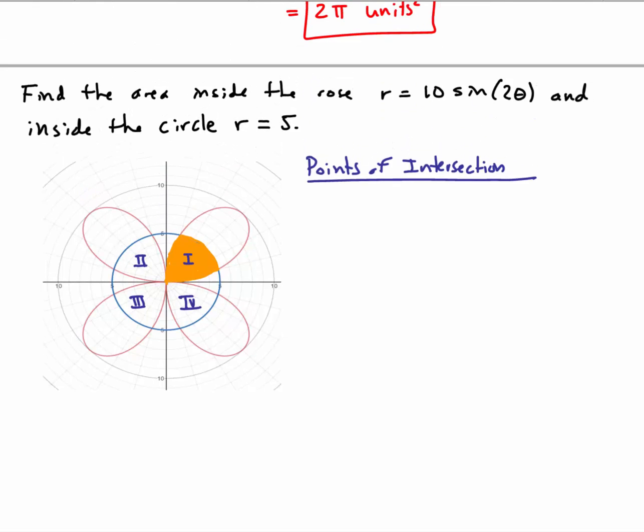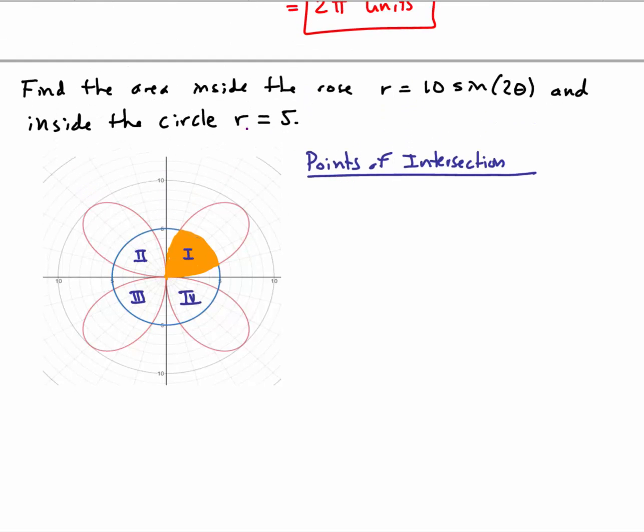Okay, so if we're trying to find points of intersection, we know that r is equal to r, so I'd say 5 is equal to 10 sine 2 theta. Solving, I get sine of 2 theta is equal to 1/2. So where is the sine equal to 1/2? Well, it's probably going to be in my first and second quadrants.